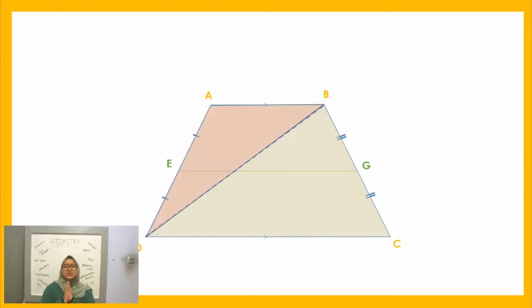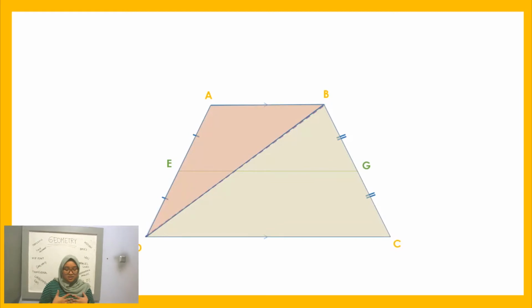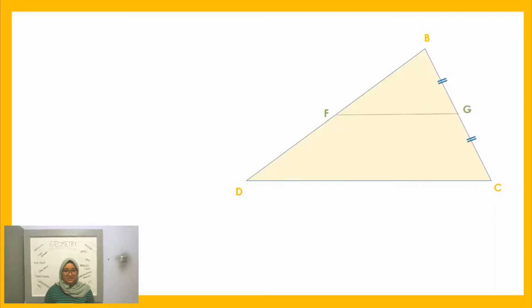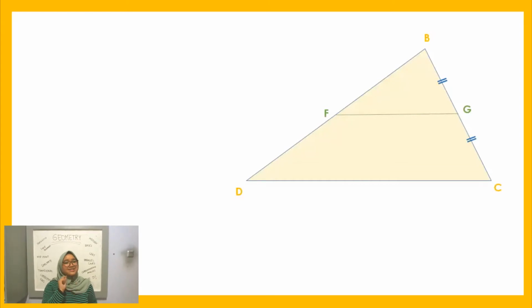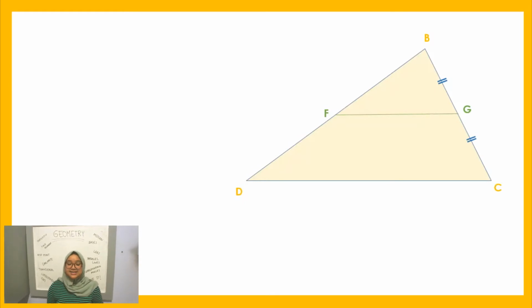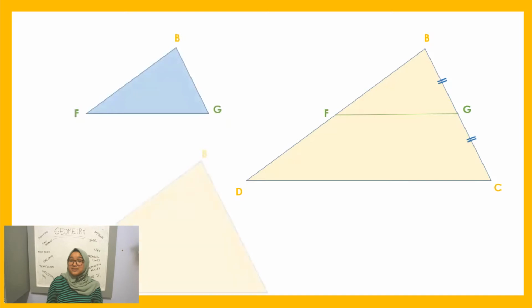First of all, I want you to focus on the triangle BCD. In triangle BCD, we also have the segment FG, right? The F and G. If we take a look, this triangle actually consists of two triangles. Yes, FBG and DBC.